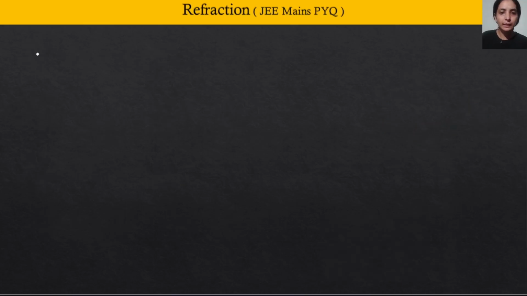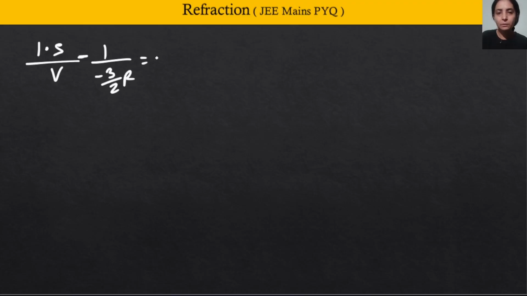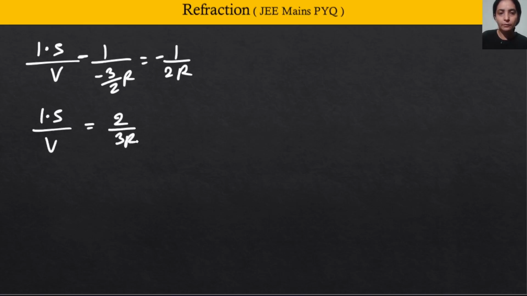सो v2 तुम्हारा क्या होगा, again μ2 का value क्या लिखोगे, 1.5/v minus μ1 is 1, u is how much, -3/2r this time, and this will become -1/2r. Then only object distance is changing, right? So 1.5 by v is equal to how much, 2/3r with negative sign, minus 1/2r. So if you solve it, how much value you will be getting?